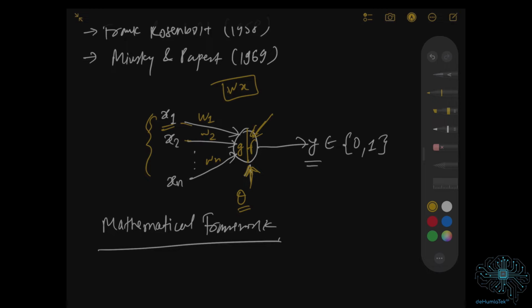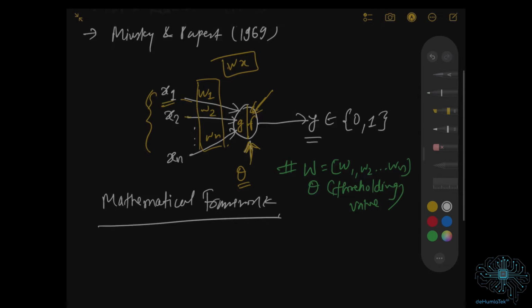There is also one more added parameter, that is the weights. So for the perceptron, there are two learning parameters. One is the weight, which is a vector of all those weights. Then theta itself is again a learning parameter for this model, and it's a thresholding value.